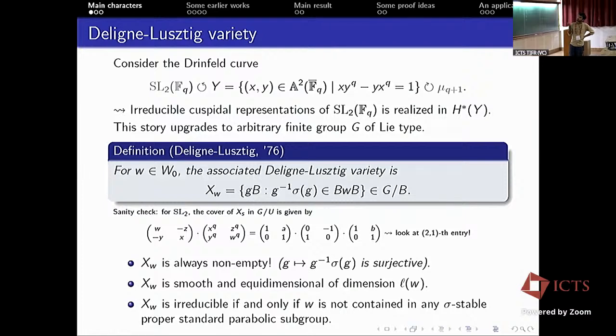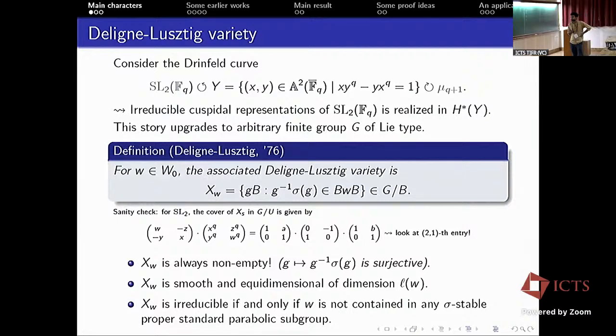It's the set of points in G/B that have the fixed relative position given by w with its Frobenius translate. And in case it looks like a big jump from the previous equation, maybe you can just compute this matrix equality and then look at the left-hand side entry, which indeed recovers this equation.